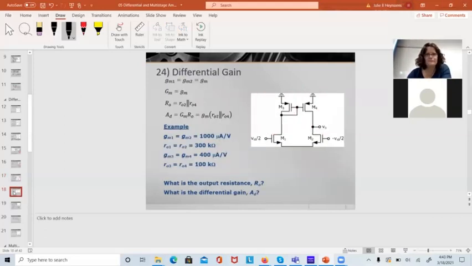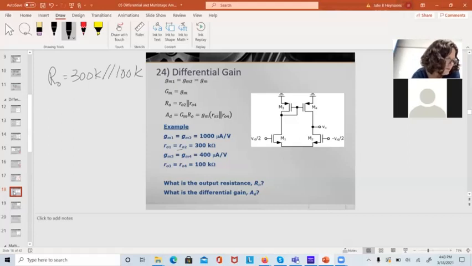Now we want to put numbers in here, and yes, my answers turned out to be the same. Yay. My GM times RO, with RO2 in parallel with RO4, is 300K in parallel with 100K, which is 75K ohms.